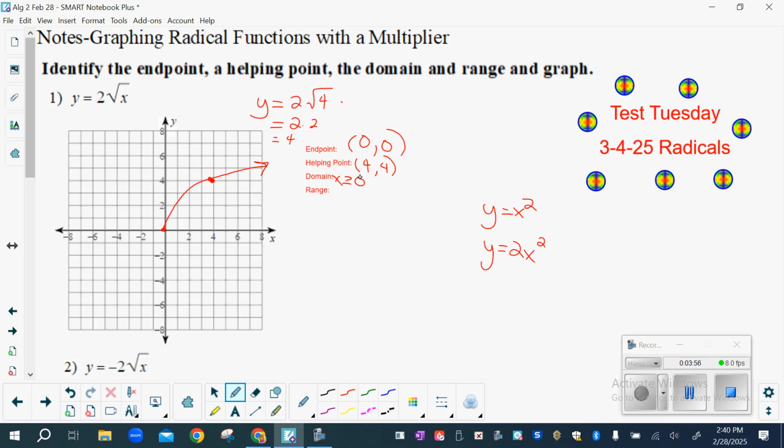Y is greater than or equal to 0. Yes, good. Does that make sense? Anybody still looking at this? No. Okay. Good.